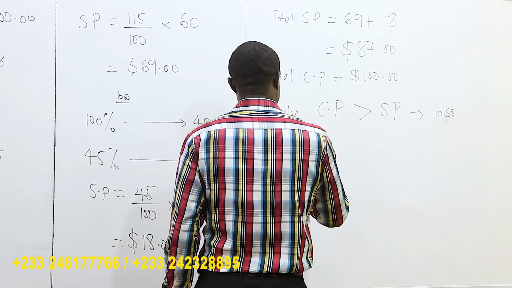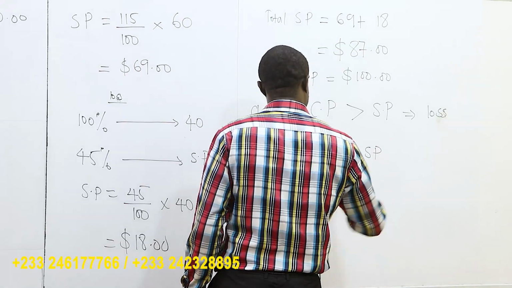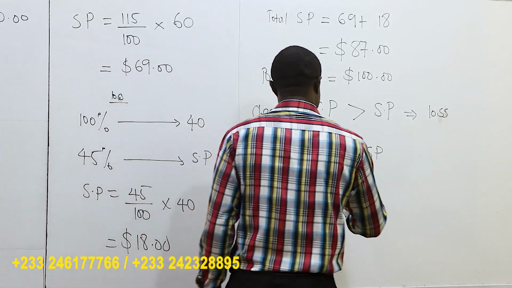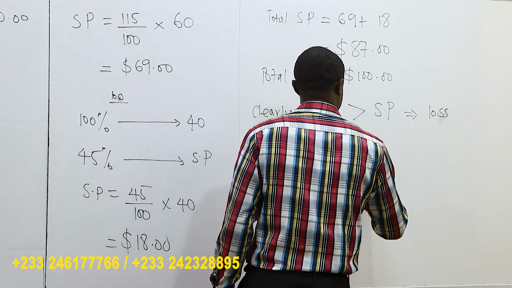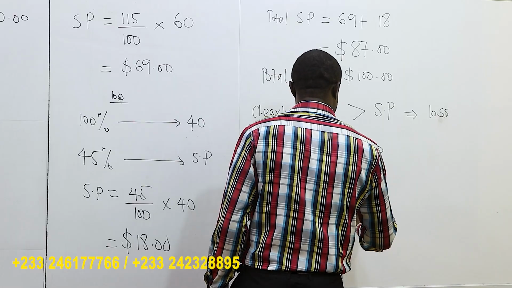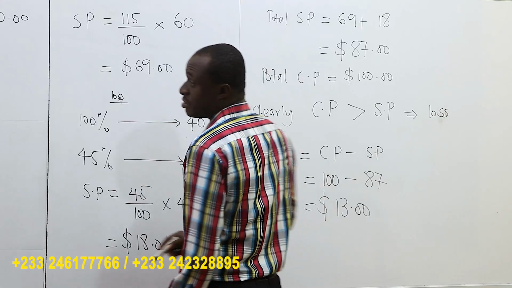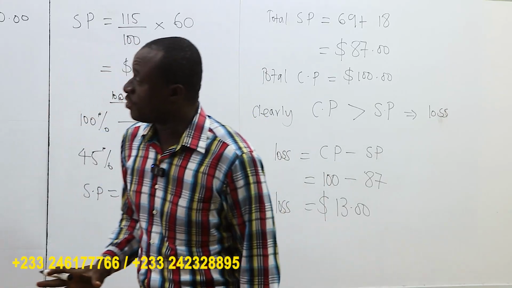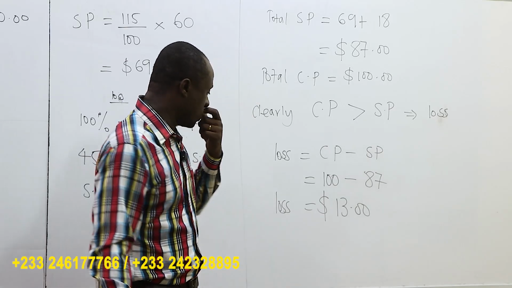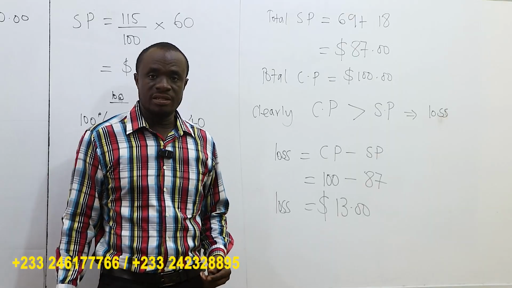So loss is basically cost price minus selling price. Now, what is the cost price? The cost price is 100. What's the selling price? 87. And clearly, this is $13. We are going to find the profit or loss on the sale of the wares. So we had a loss of $13.